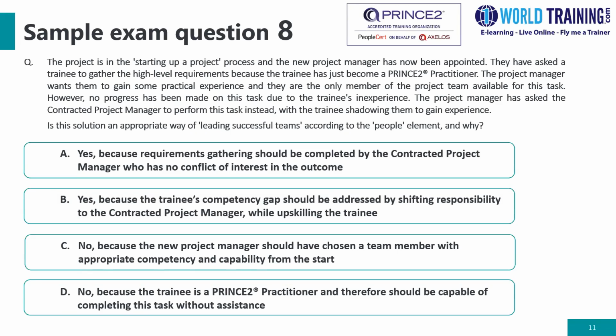However, no progress has been made on this task due to the trainee's inexperience. The PM has asked the contractor project manager to perform this task instead, with the trainee shadowing them to gain experience. Is this solution an appropriate way of leading successful teams according to the people element, and why?